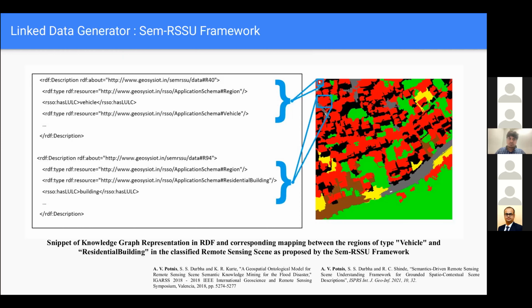So this particular framework of SEM RSSU was largely focused on the specific use case of urban floods, wherein the input images were of an urban flood event.